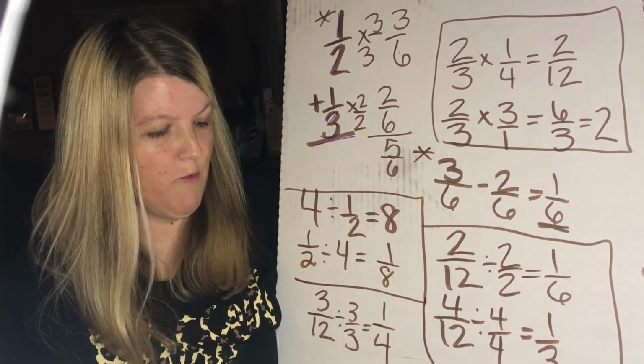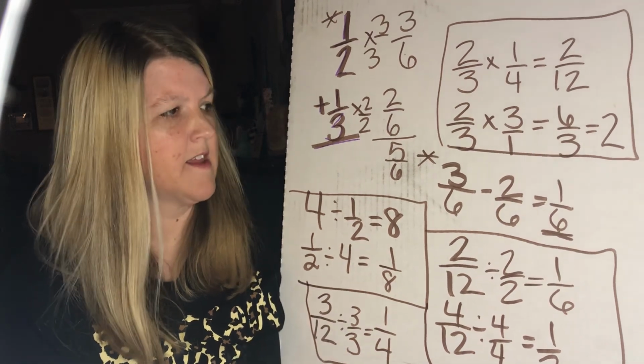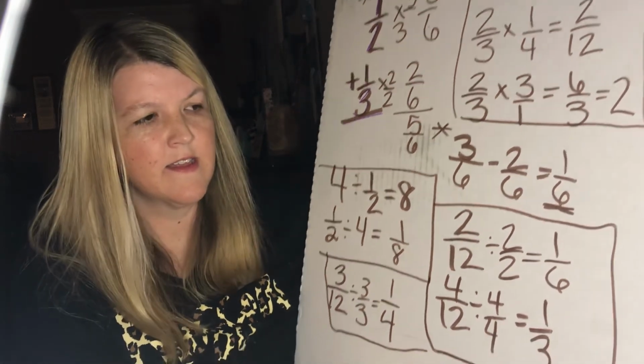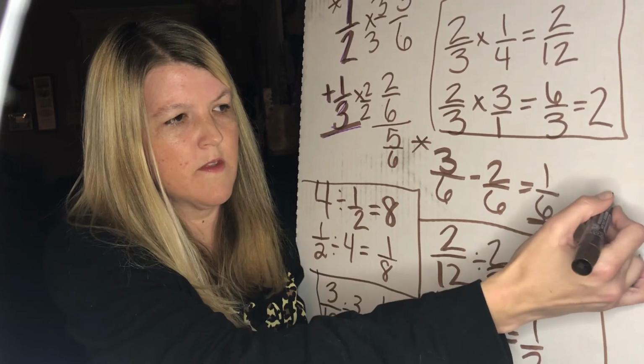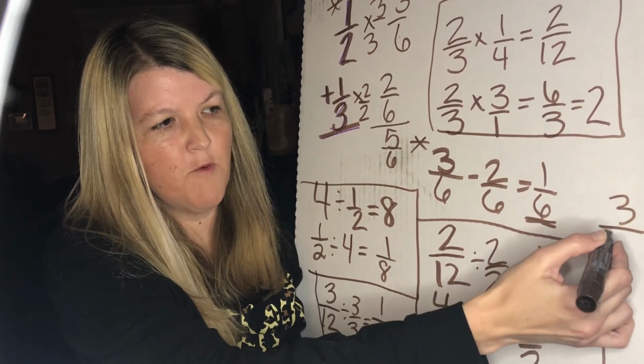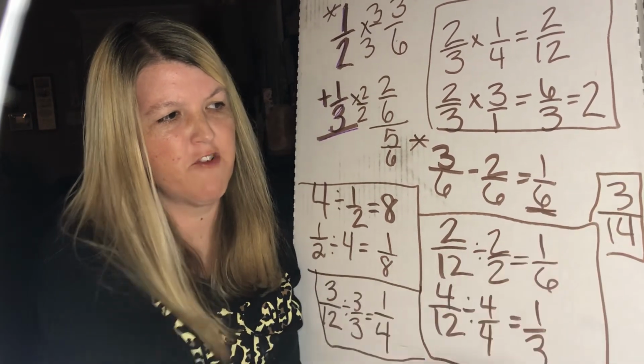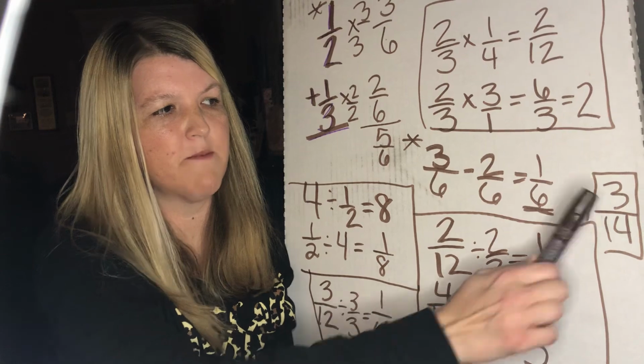So that gives me 1/4 when I simplify. And let's say that I had 3/14. Well, 3/14, there's not any common factors between 3 and 14, so it's going to already be in simplest form.